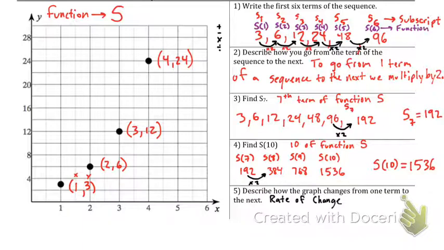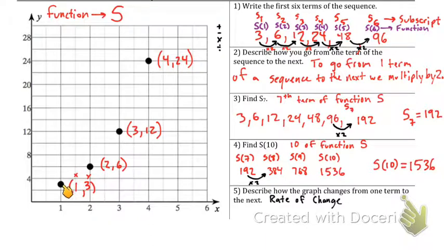So get used to using that rate of change. So if you look here in the graph, let's look at this visually. Is the graph going up like a line? Okay, does it go up like a straight line, or as you go to the right on your graph, is it getting higher faster?